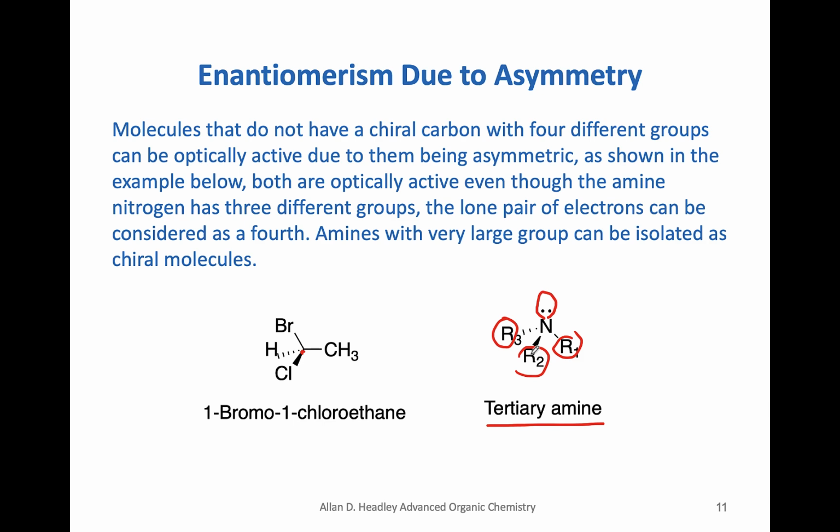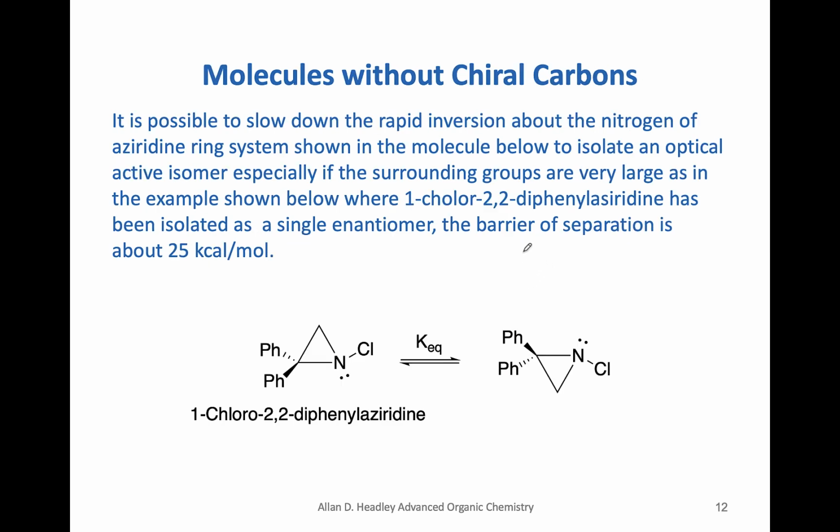Let's look at a more specific example here. Here is a cyclic amine known as the aziridine molecule. Here it is possible to have rapid inversion, but of course it's more difficult because of the cyclic structure that's a part of the amine here.